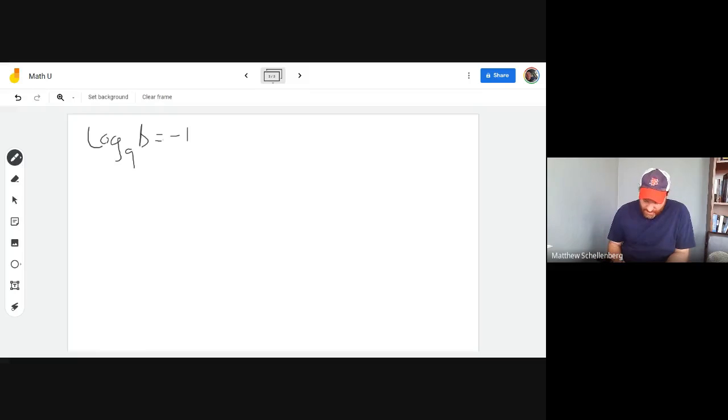So this would be 9 to the negative 1 equals b. And then you have to remember your exponent rules that any number to the negative power is just the inverse. So 9 to the negative 1 is really just 1 over 9, and that equals b.